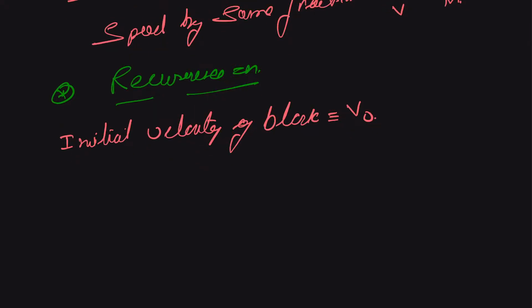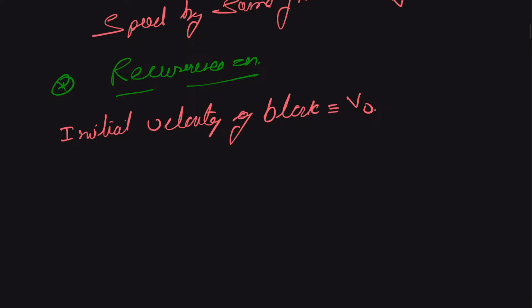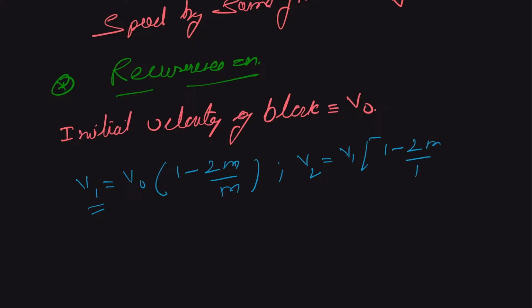Therefore, for the next, v1, we are going to get v naught times (1 minus 2m upon capital M), and the next velocity v2 will be dependent upon v1, so this will be v1 times (1 minus 2m upon capital M), and v1 we already know in terms of v naught.